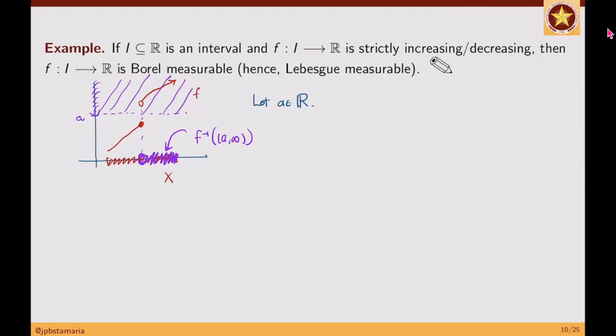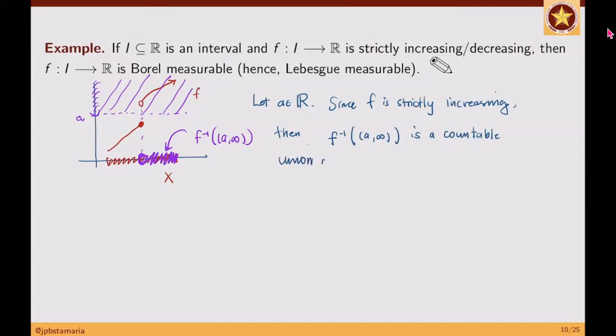Note that since f is strictly increasing na lang ha, yung decreasing parehas lang yung proof. Then, property to ng mga strictly increasing kasi yung f inverse ng A to infinity is basically a union of intervals. Okay?